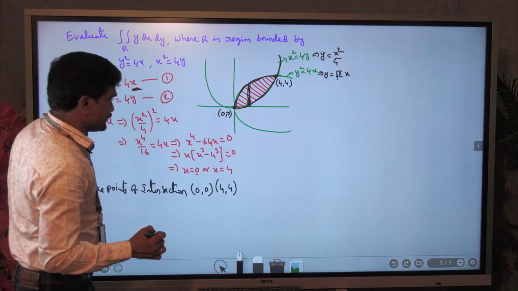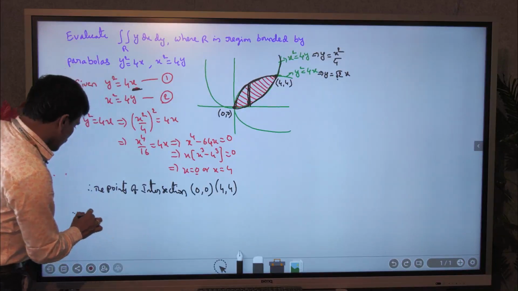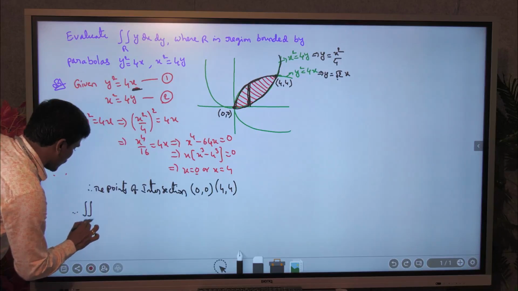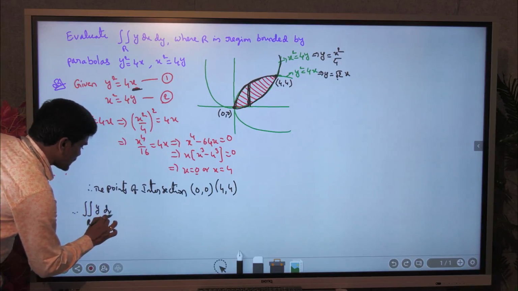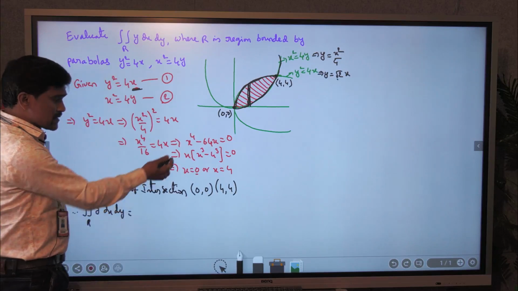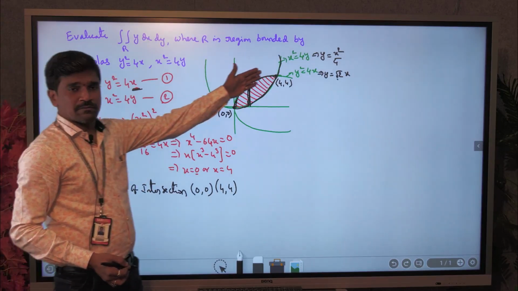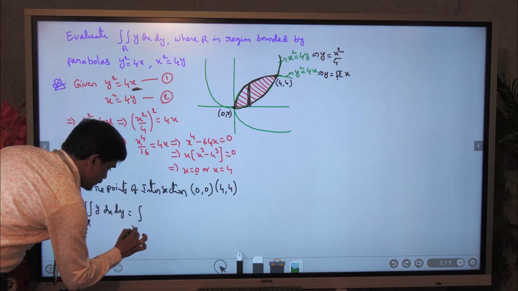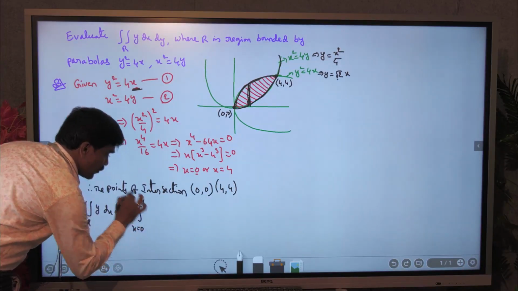Given the double integral over xy dx dy, this is our given integral. Now here we fix x. x varies from 0 to 4.